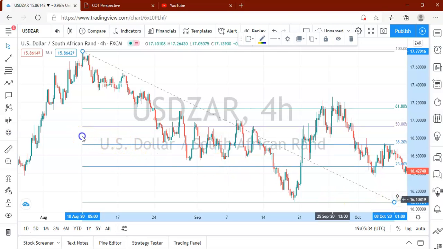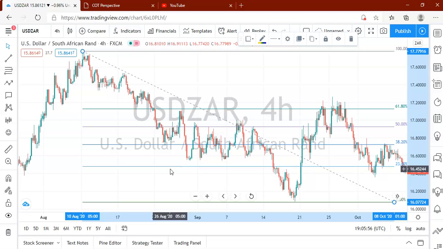Okay, so as you can see, I've applied what we call a Fibonacci retracement level. As you all know, we're always looking for a certain liquidity zone, and Fibonacci is actually a tool to help us identify these zones.